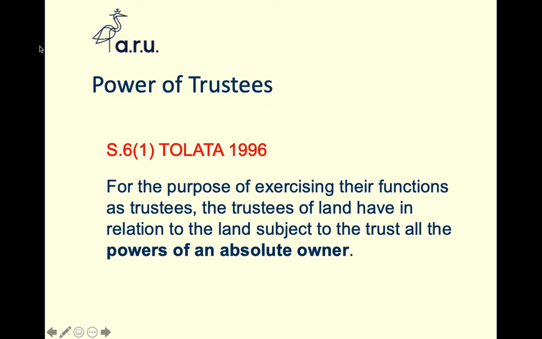So they are behaving like the fee simple absolute possession holder. They are the ones who can carve out other estates and interests in land, raise equity on it, lease it out, sell it, let people live there, ask people to leave. All of those things that a true owner would do is how a trustee can behave within the powers given to them under section 6.1 of TOLATA.